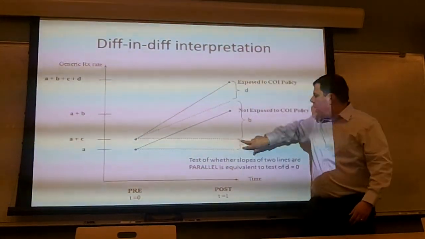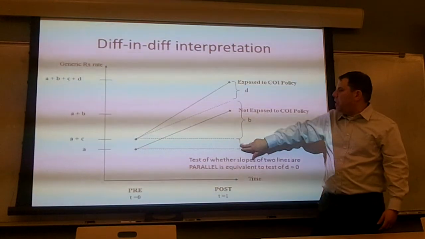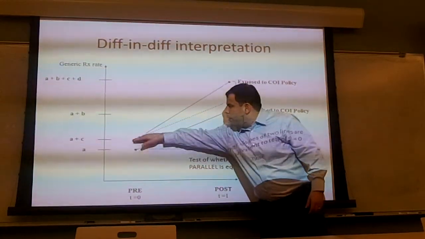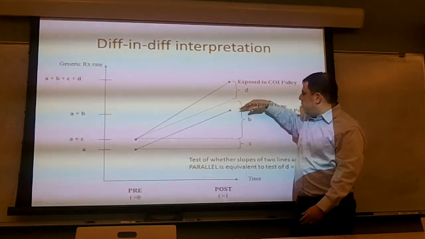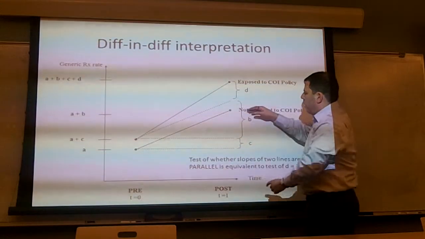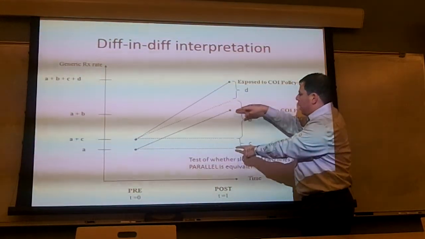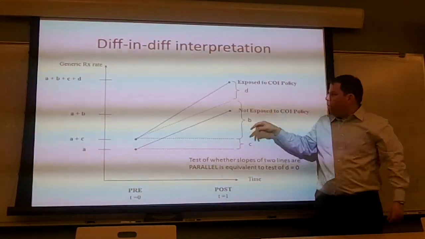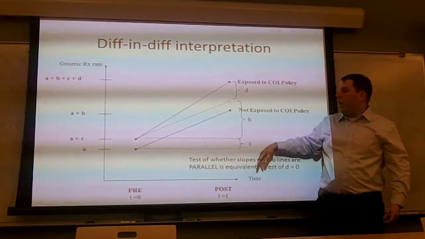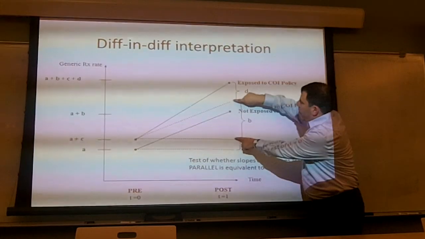In other words, we're going to account for their offset C, which is their pre-period difference in prescribing. So we move them up, and then we now have them superimposed. The difference in the control group docs from pre to post is just simply this difference B, right? That's equal to that. So we're moving that up now.